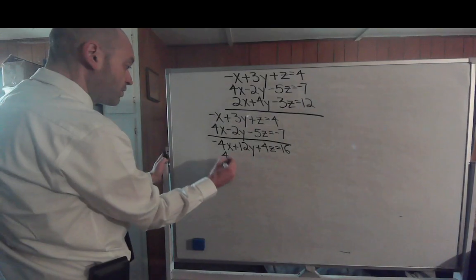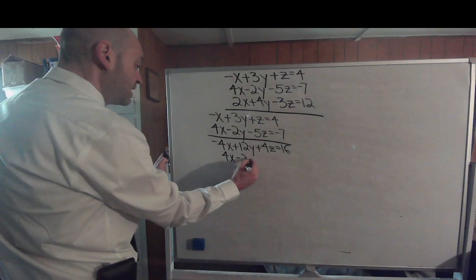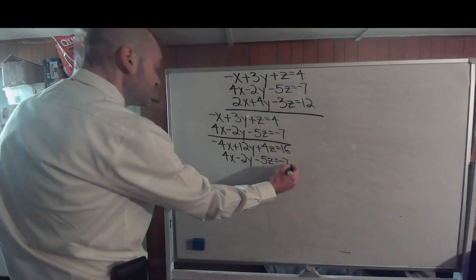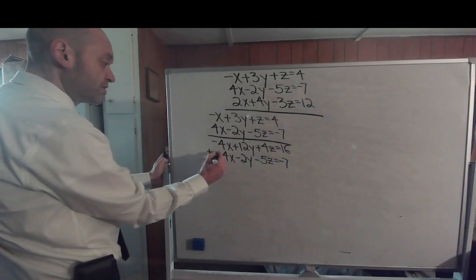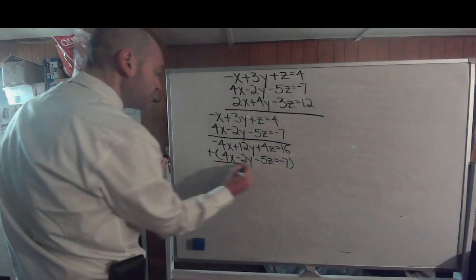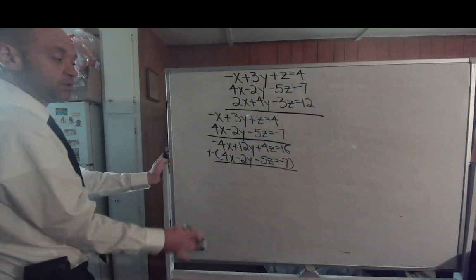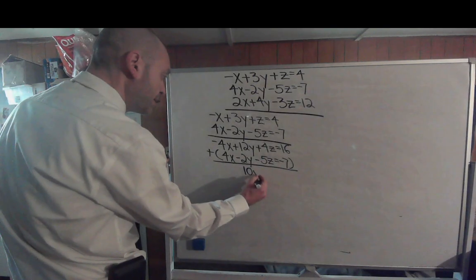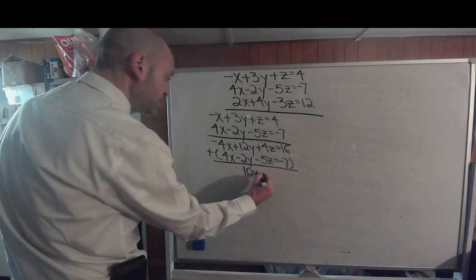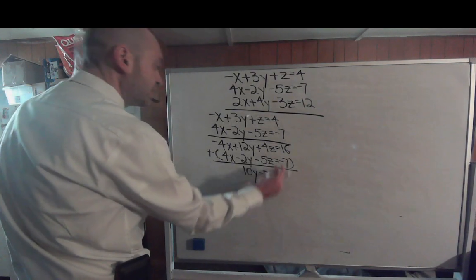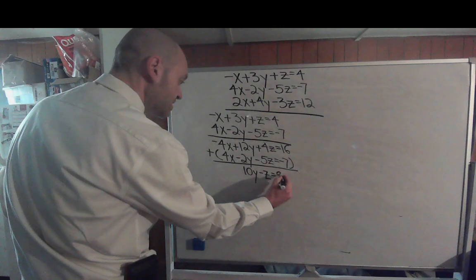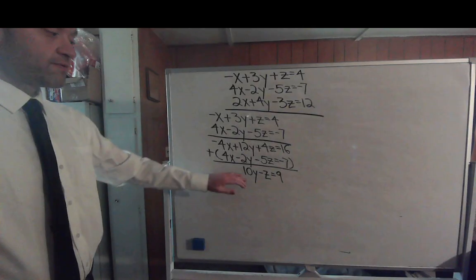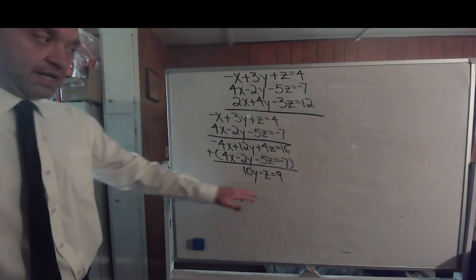Then you have 4x minus 2y minus 5z equals negative 7. Now we can add these together and eliminate x. So negative 4x plus 4x is 0. 12y minus 2y is 10y. 4z minus 5z is just minus z, equals 16 minus 7, which is 9. So you have 10y minus z equals 9. There's your first equation with x eliminated.